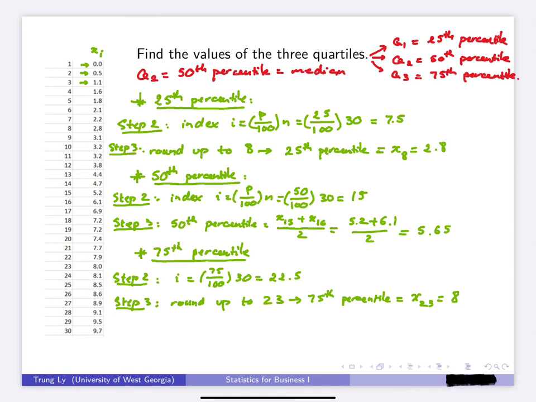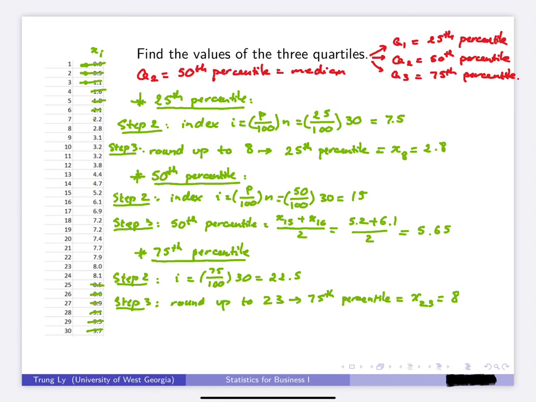Right? So here the first thing I want to do is remove 0, remove 9.7, I remove 0.5, I remove 9.5, I remove 1.1, 9.1, 1.6, 8.9, 1.8, 8.6, and so on and so forth, right?